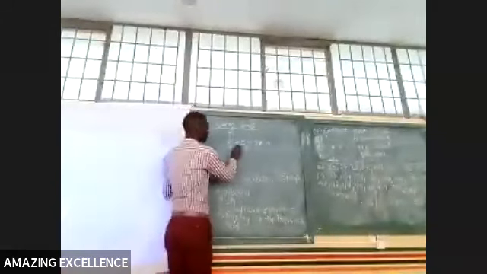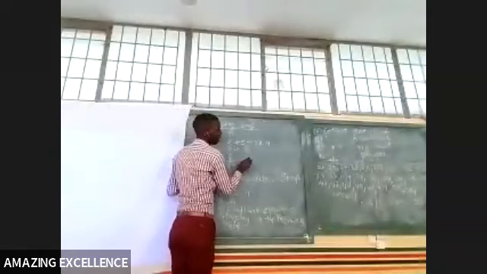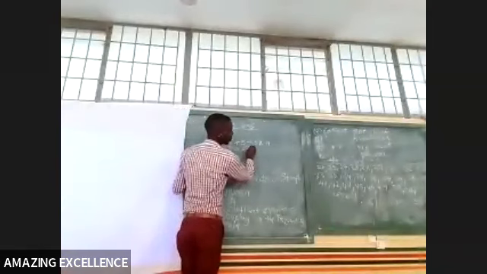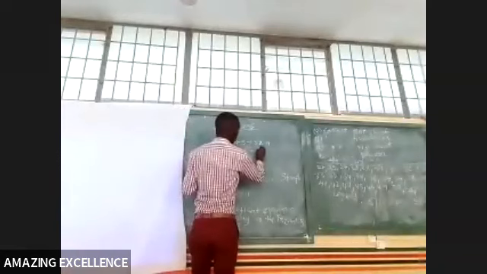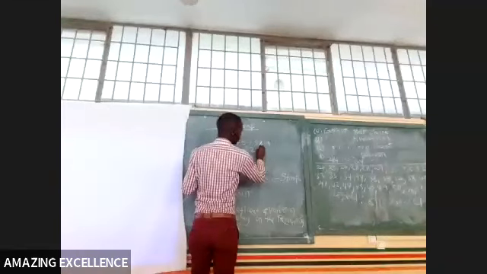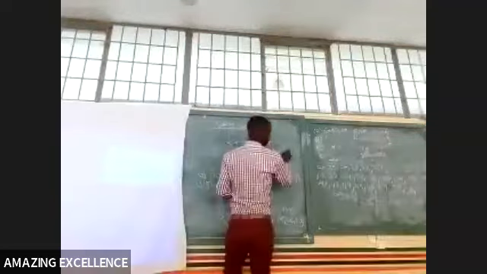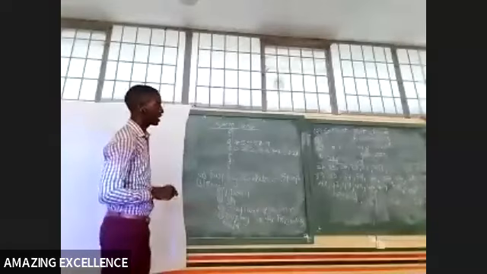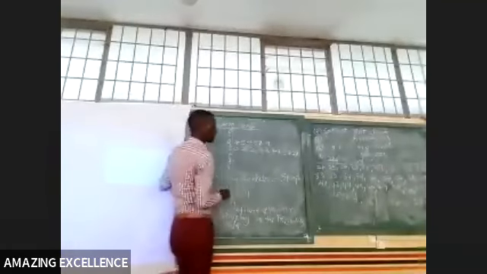In the range of 30, we have 30, then after 30, we have 32, 32, 33, 33, 34, 34, 36, 37, 38, like that. All right?